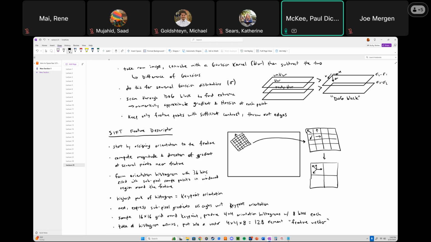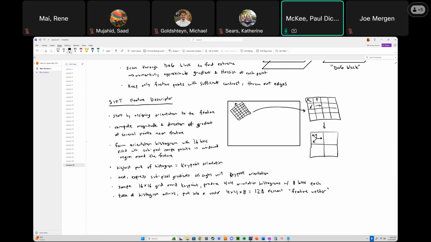And that is, here are all of the orientation histograms of all the different bins that we've made. And all of these are gradient angles expressed with respect to the overall orientation of the key point. And then we're still not done. We end up with this feature vector. We still need to kind of groom the feature vector a little bit before it's ready to be compared to other feature vectors.